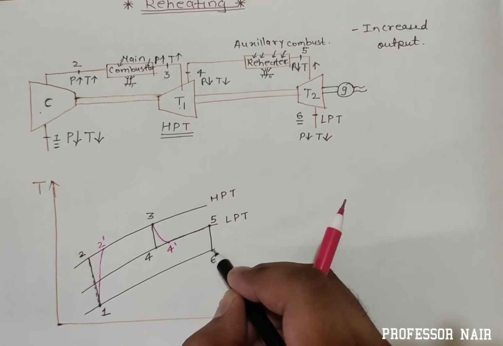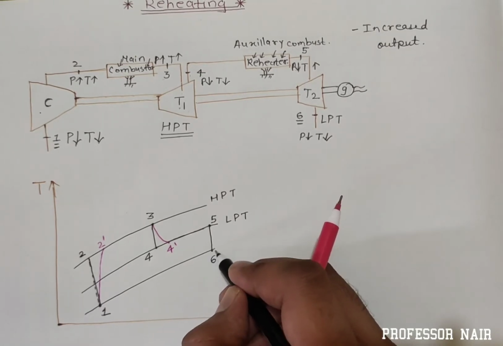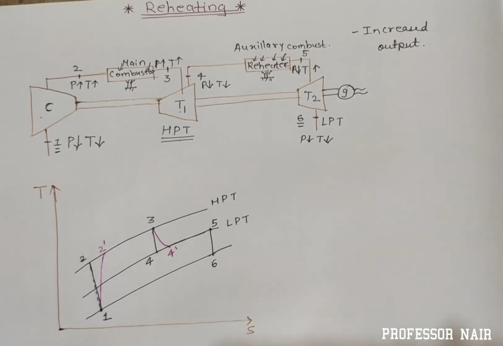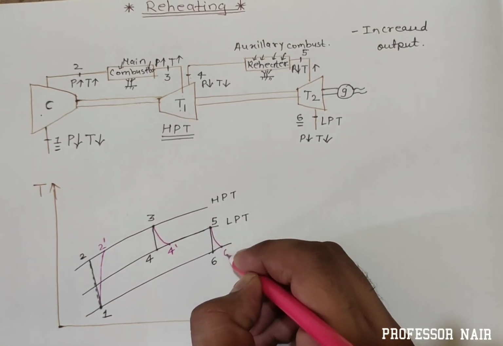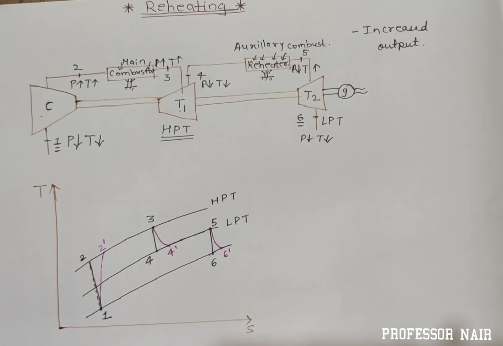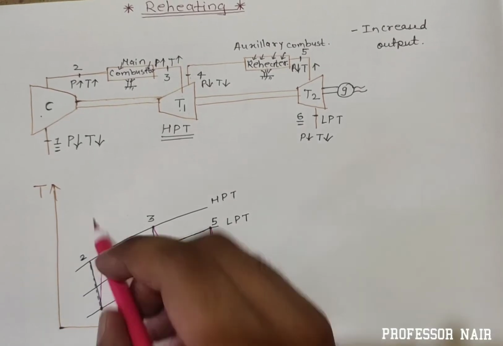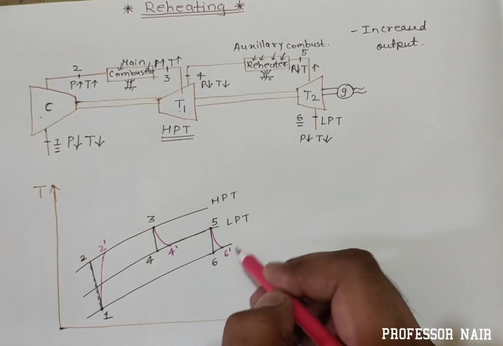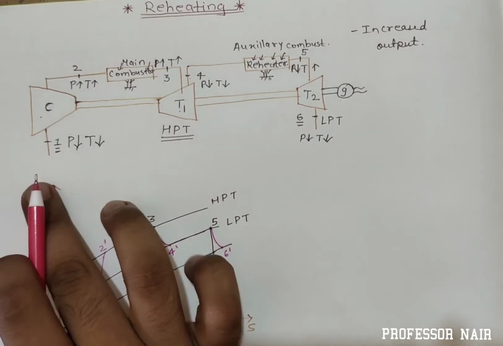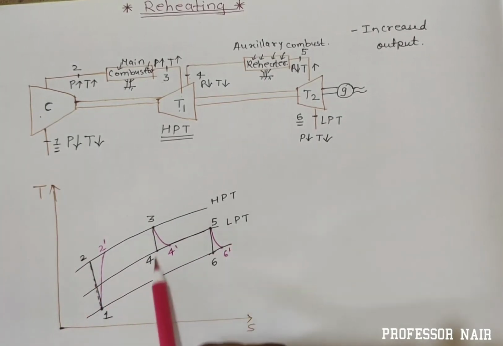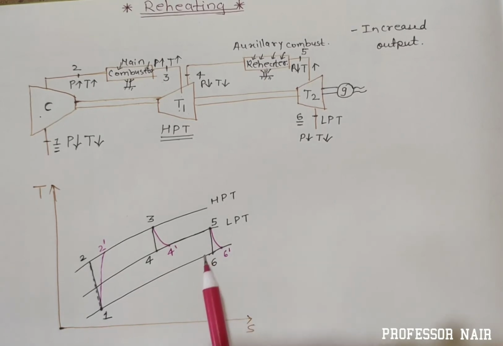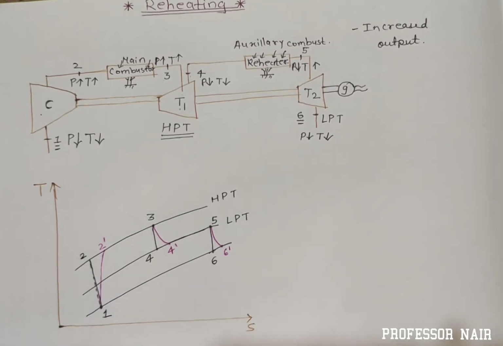And 5 to 6 here, so here also 5 to 6 dash, right? So this red color will show you the TS diagram of the actual process, while the black curve will show you the ideal process. Okay, so this was the TS diagram of reheating.